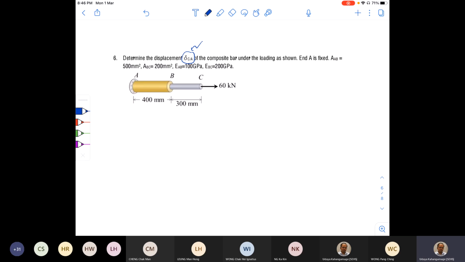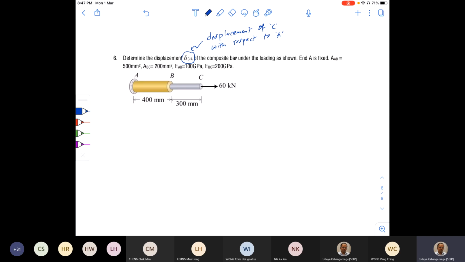It is the displacement or deformation, I use displacement, of C with respect to A. So how far C has moved with respect to A. So that is what that notation means.